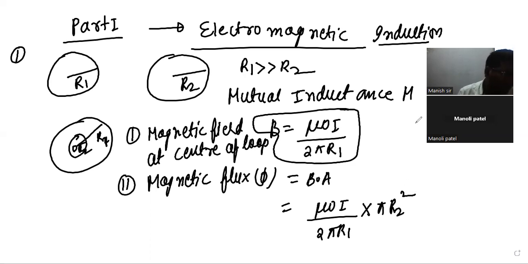So the mutual induction is given by Mi. So you can see how the magnetic field is related. So M will be from 1 and 2. What is M? So see the next slide.